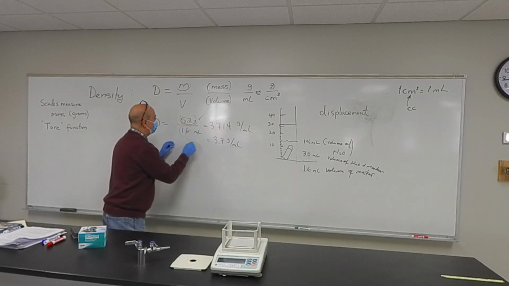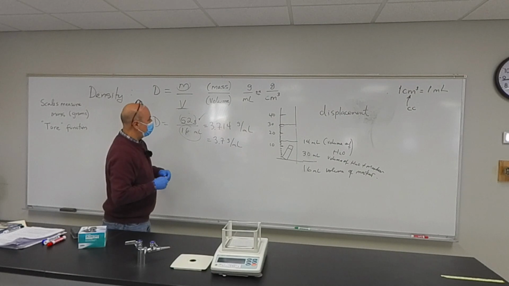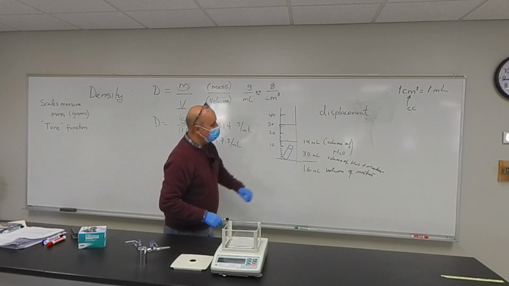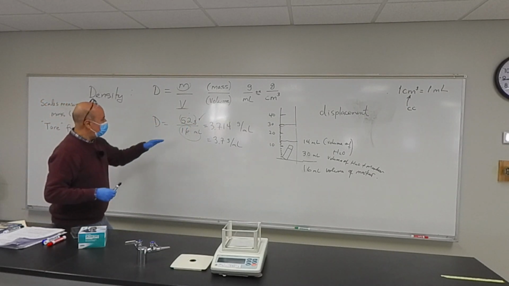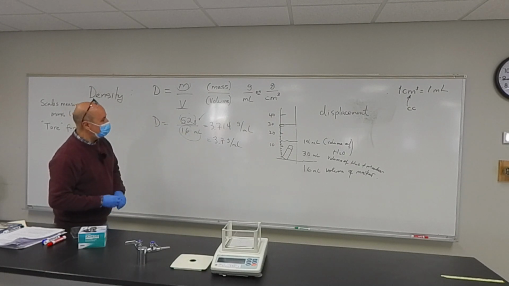Now we're working on getting the volume, this second entity. That second entity was obtained by this imaginary setup. And then you record that volume there, and you have a way of calculating a density.